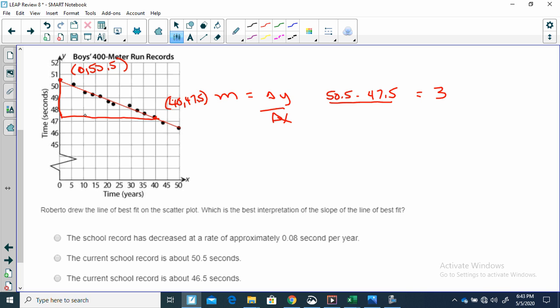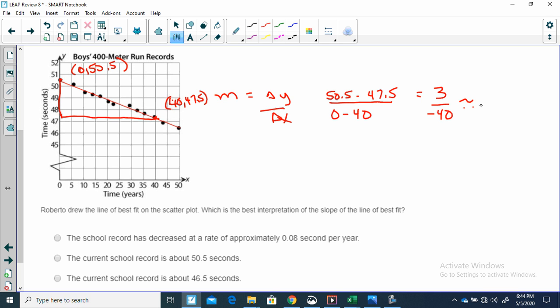Now from here to here, I'm going from 0 to 40, and that would be 0 minus 40, which gives me negative 40. 3 divided by negative 40. Let's divide that. It would give me about 0.075.